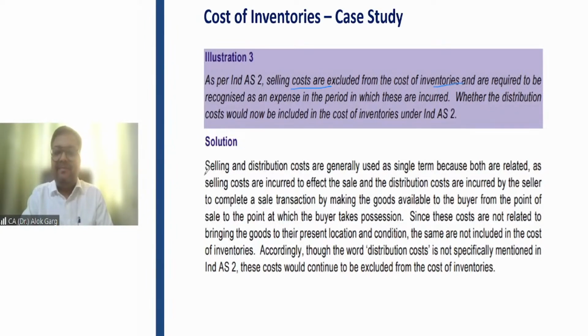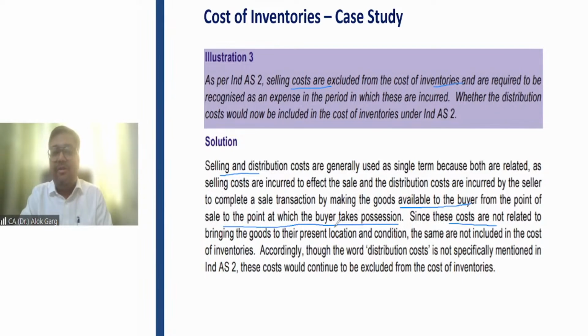So friends, it says that the selling cost has been removed, but whether distribution cost is included in the cost of inventory. What is distribution cost? It is again in the nature of selling cost only. Selling and distribution cost are generally used as a single term because both are related, as selling costs are incurred to effect the sales and the distribution costs are incurred by the seller to complete a sale transaction by making the goods available to the buyer from the point of sale to the point at which the buyer takes possession.